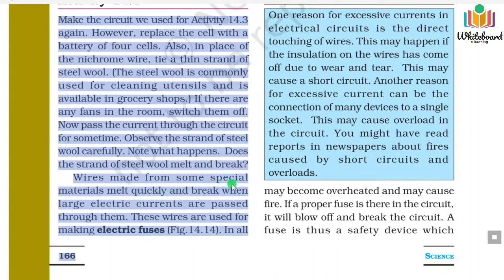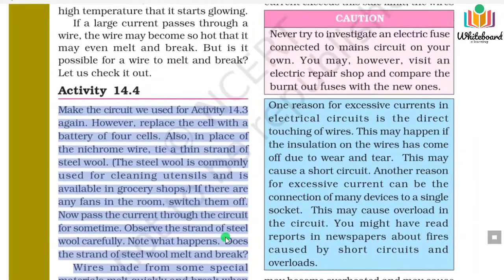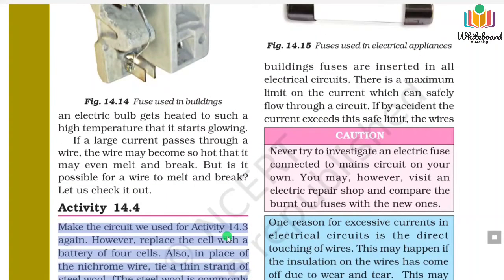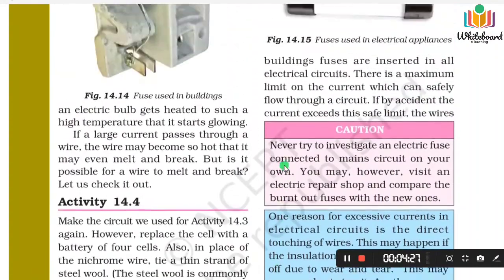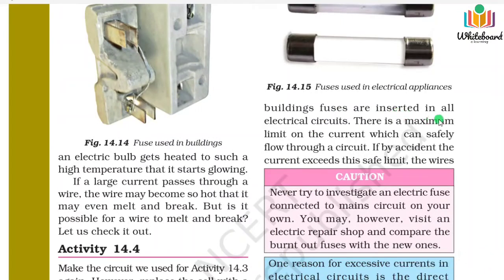Wires made from some special materials melt quickly and break when large electric currents are passed through them. These wires are used for making electric fuses. Fig. 14.14. Now in all buildings, fuses are inserted in all electrical circuits. There is a maximum limit on the current which can safely flow through a circuit.